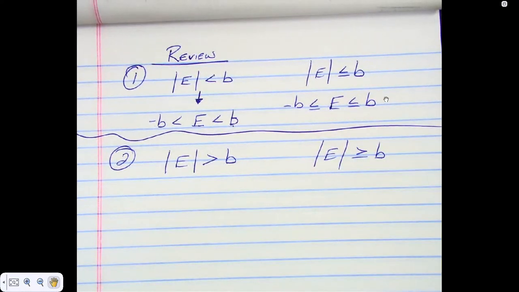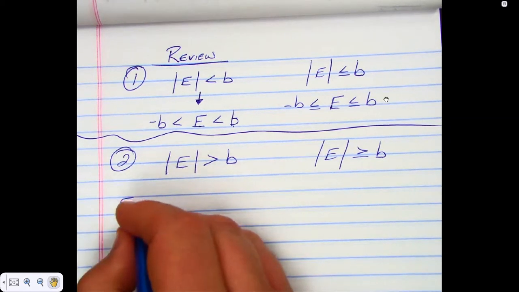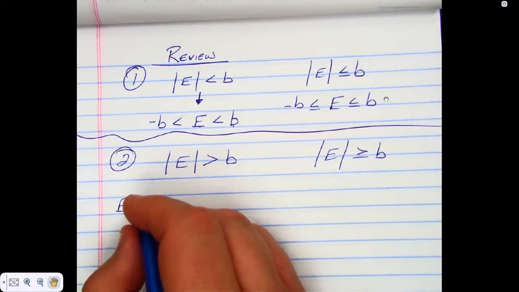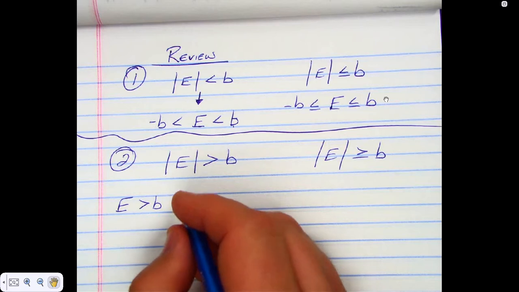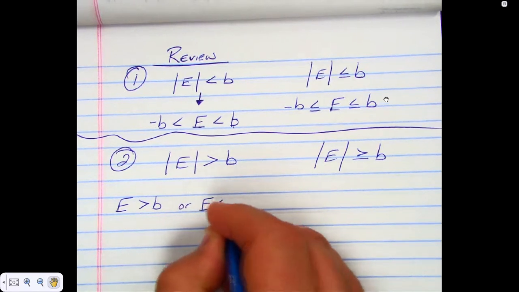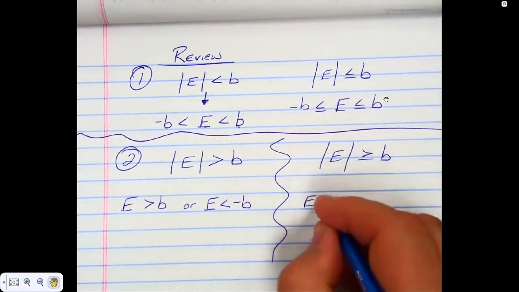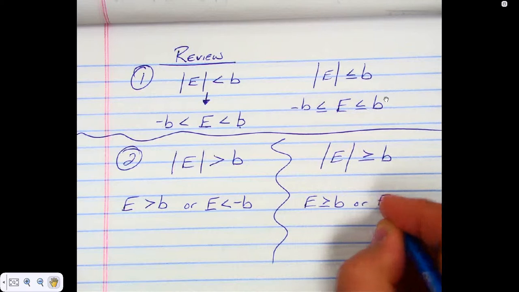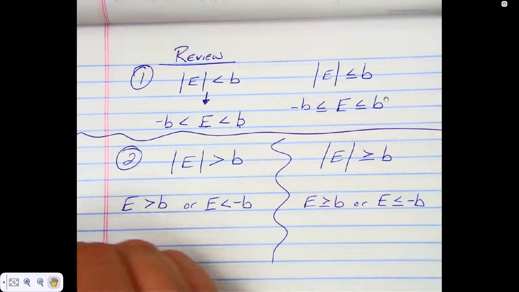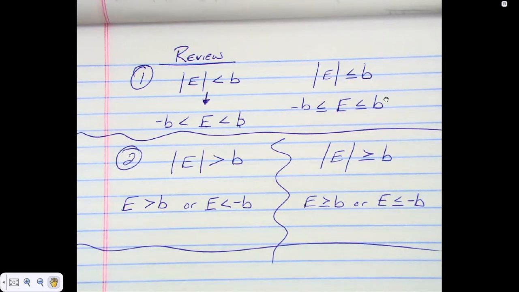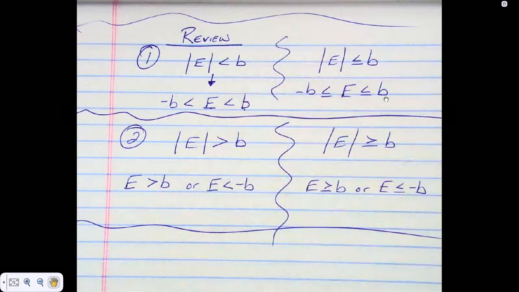When you have this situation, it breaks down like this: E is greater than B, or E is less than negative B. So these are the two situations you're going to have in this section, correct?